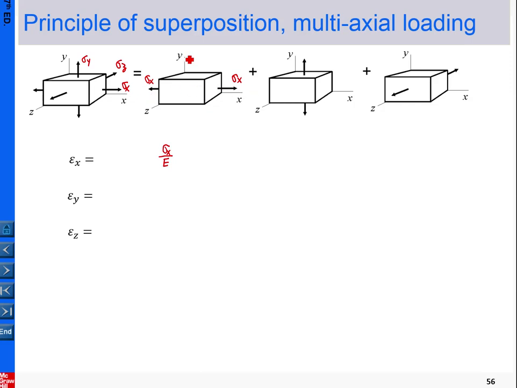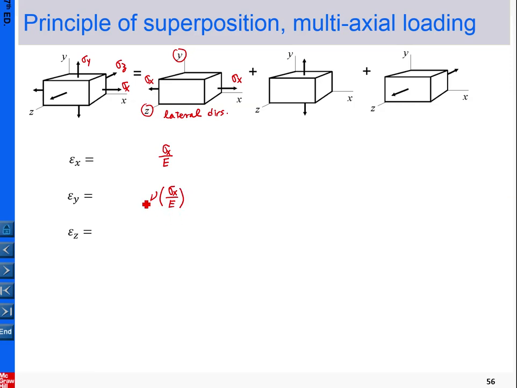Now for this case, y and z are defined as the lateral directions, in which we are able to apply the Poisson's ratio definition to determine the lateral strain.